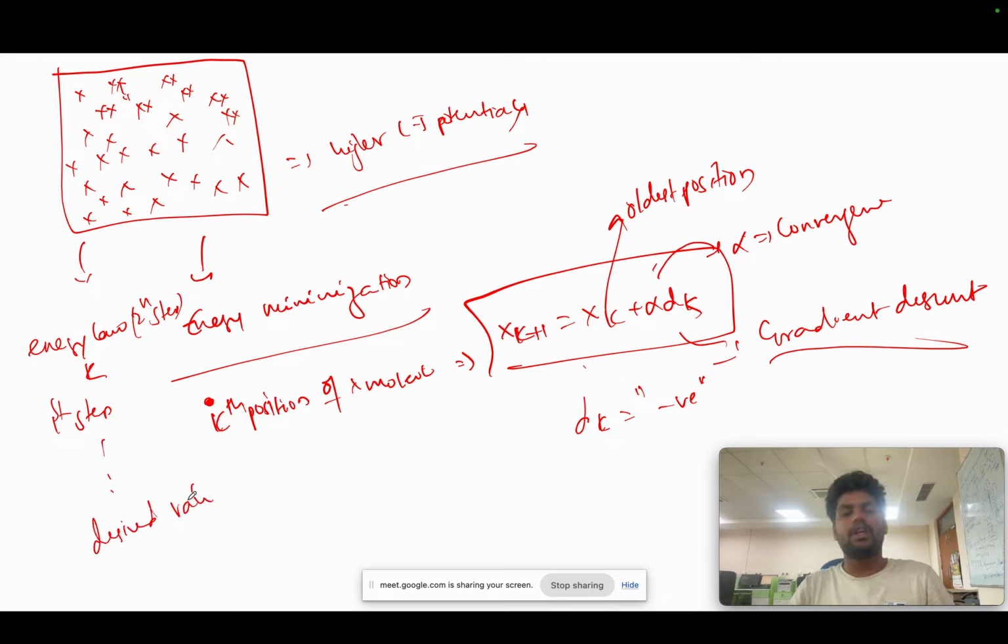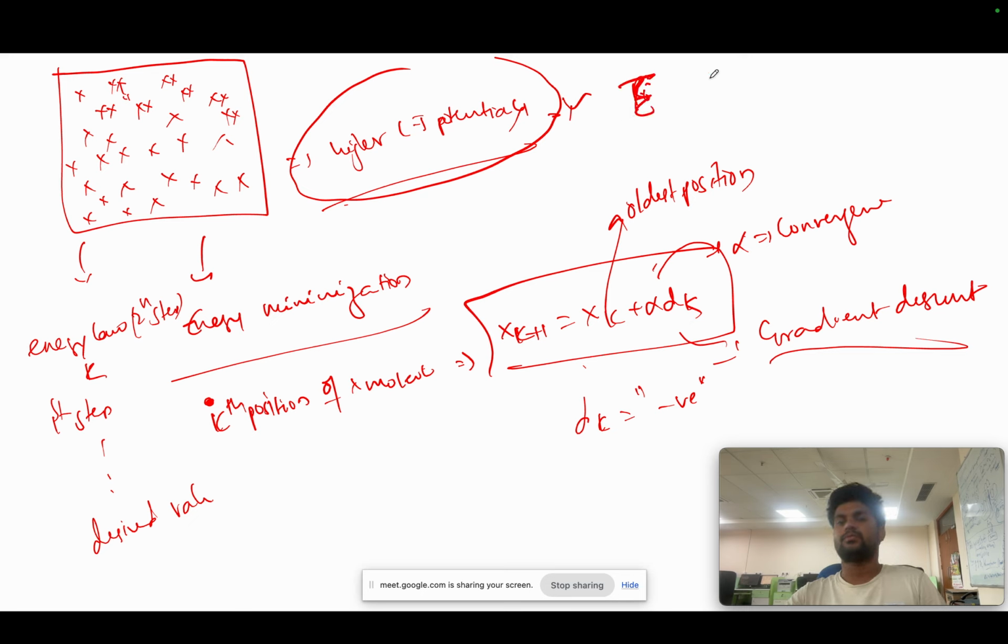In this way we keep the molecules at a certain distance such that the potential energy will be minimum from the start. Otherwise, if you take this conformation itself, the LJ potential values will be higher, which gives a much higher total potential energy.